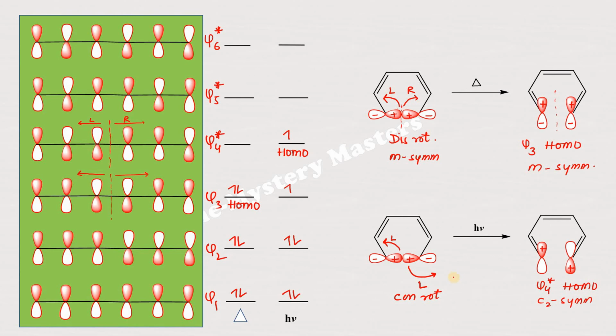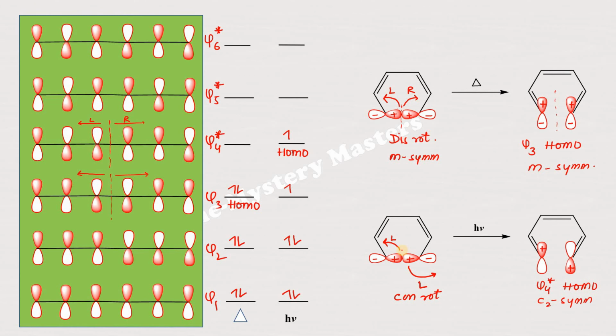Now another condition which is again very important is the preservation of symmetry of the reactant in the product. The product is having C2 symmetry, so here we have to see whether the reactant is having C2 symmetry or not. Yes, we all know that in the sigma bonding orbital C2 as well as M symmetry both are present.